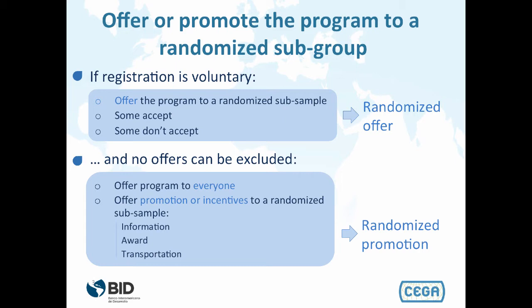Randomized offering is when we can exclude people, but registration is voluntary: we only offer it to a randomized subsample and don't offer it to a randomized comparison group. When no one can be excluded and the program needs to be offered to everybody, randomized promotion offers a randomized subsample some encouragement to enroll in the program.